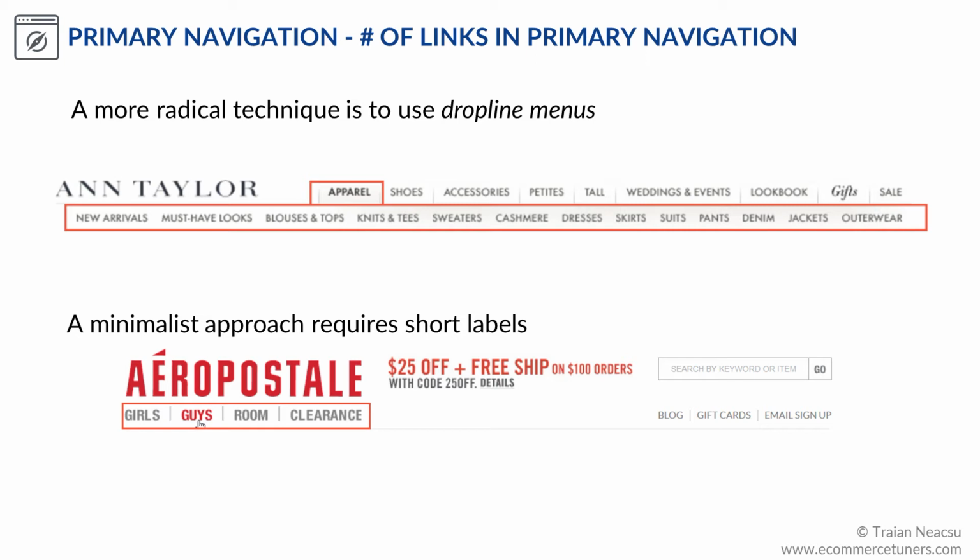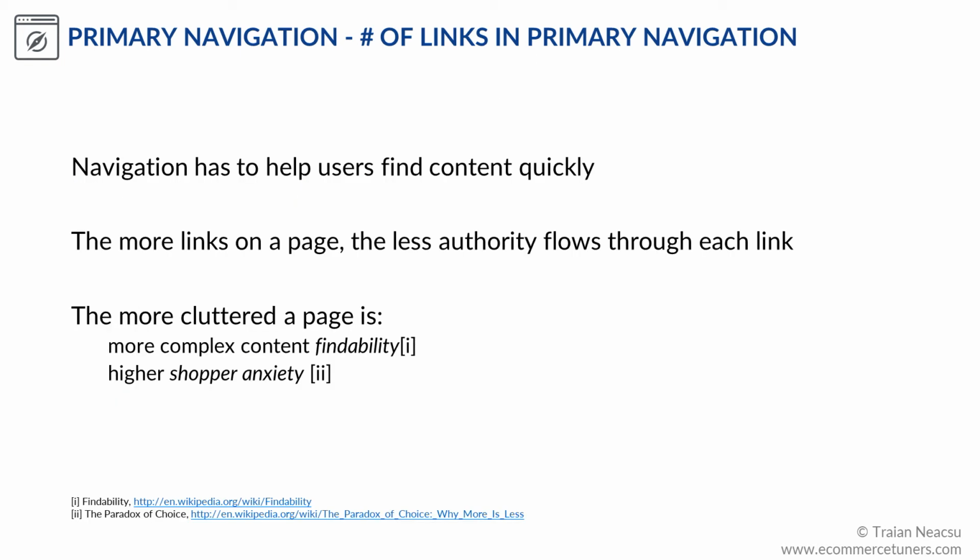This website also uses a minimalist approach with just 4 links in the primary navigation. This approach works pretty well on apparel websites. If you decide to keep a minimal number of links, make sure that the navigation helps users find content quickly and is not actually making their task more difficult.